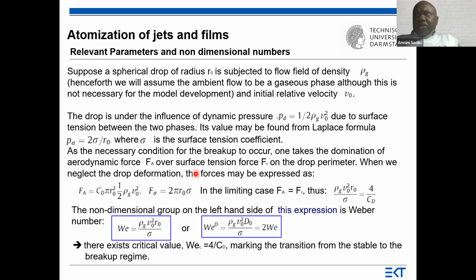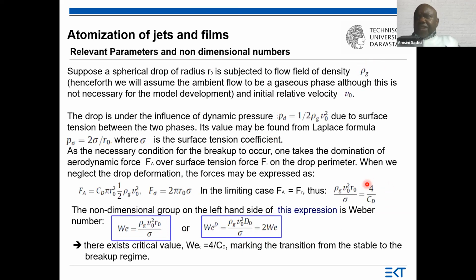This is based on the gas phase density, the flow field density, and on the radius of the droplets. We can also write this based on the diameter of the particle, in this case it is multiplied by 2.